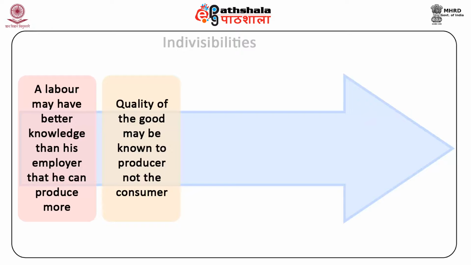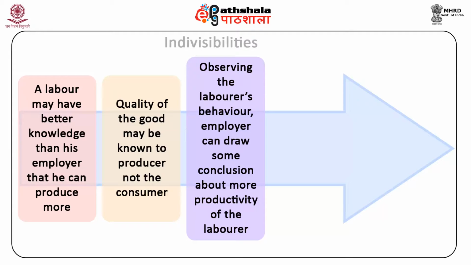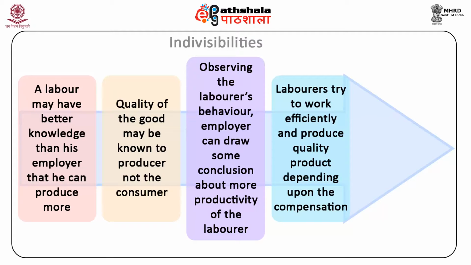But if the employer observes the laborer's behavior, then he can draw some conclusion about more productivity of the laborer. The laborers try to work efficiently and produce quality product depending upon the compensation they receive. If they get good compensation, then their work will be highly qualitative, otherwise not necessarily.